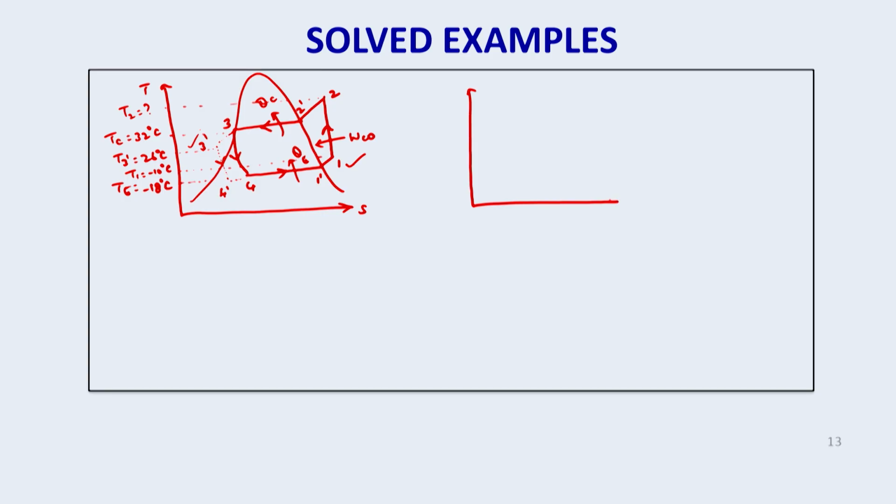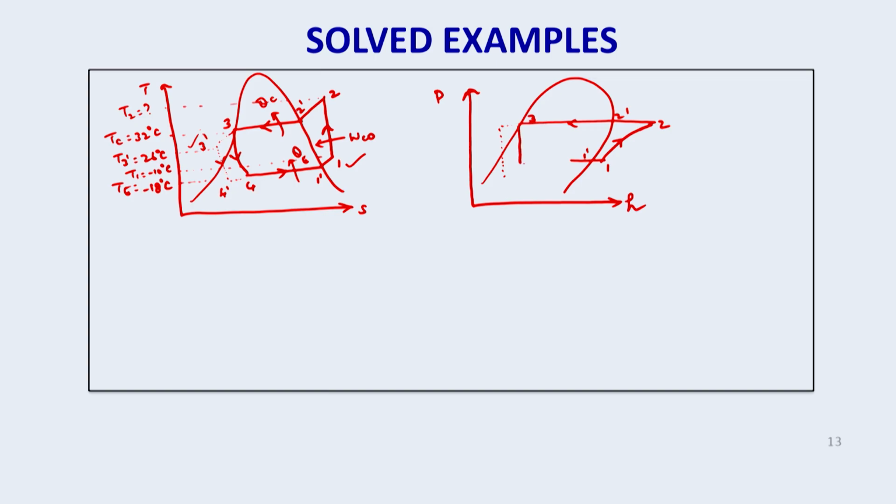Let me plot the pH diagram. So this is superheated condition, 1 to 2. This is 1 dash. This will be 2 dash. This will be 3. And this will be extended.